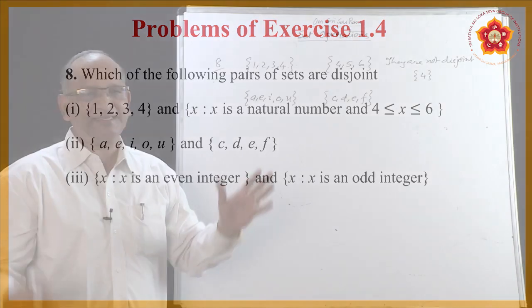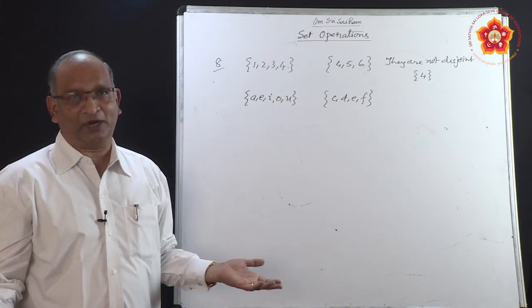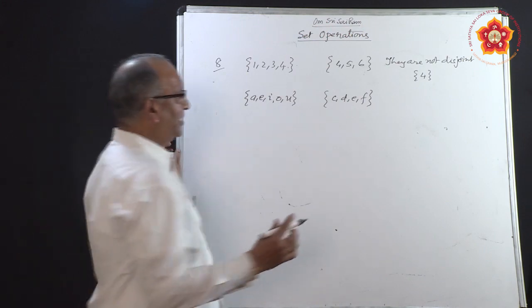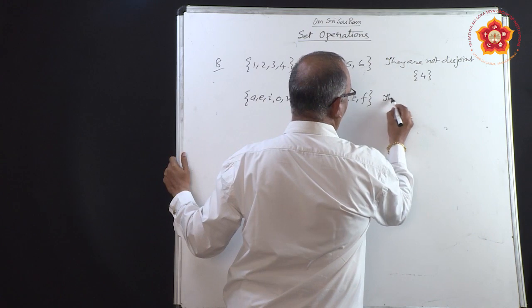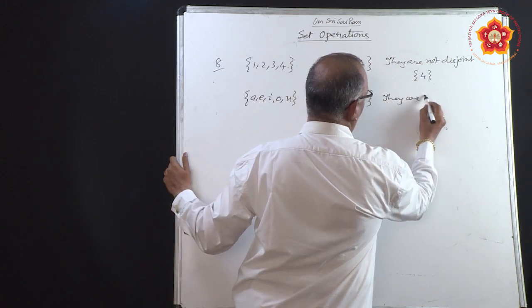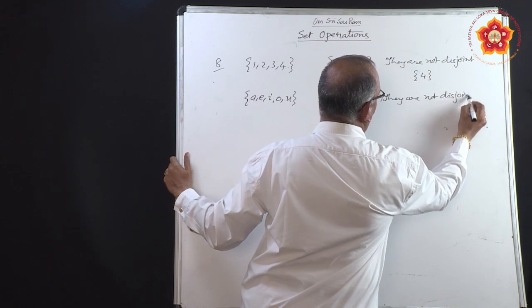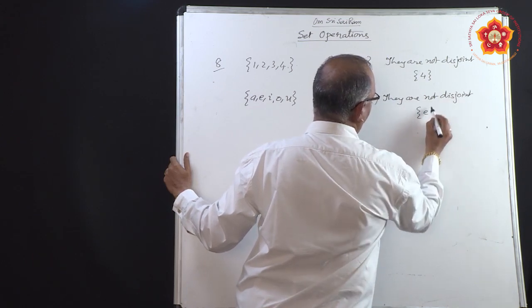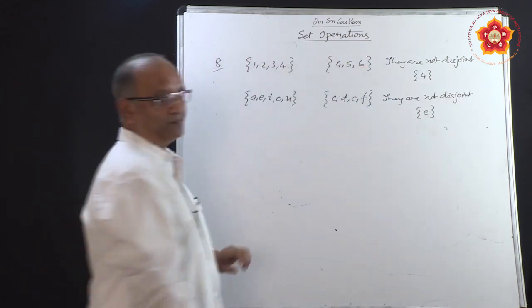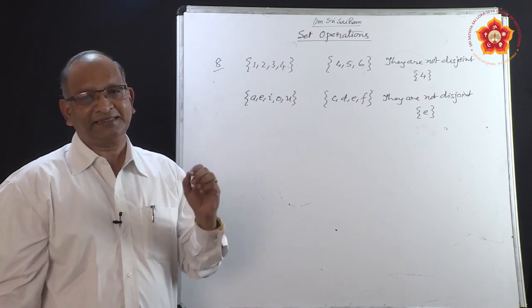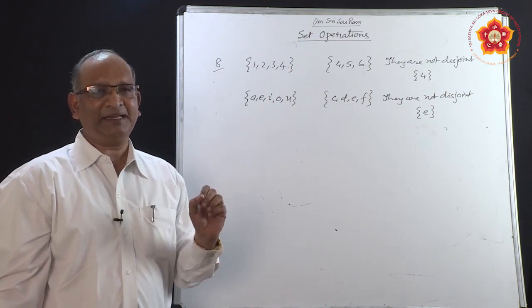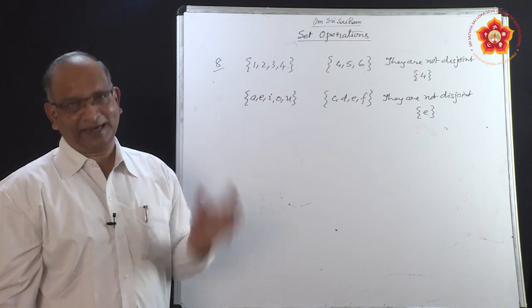So once again these two sets are not disjoint. Why are they not disjoint? Because they have a common element E. Their intersection is a singleton set. Singleton set means a set which has only one element.